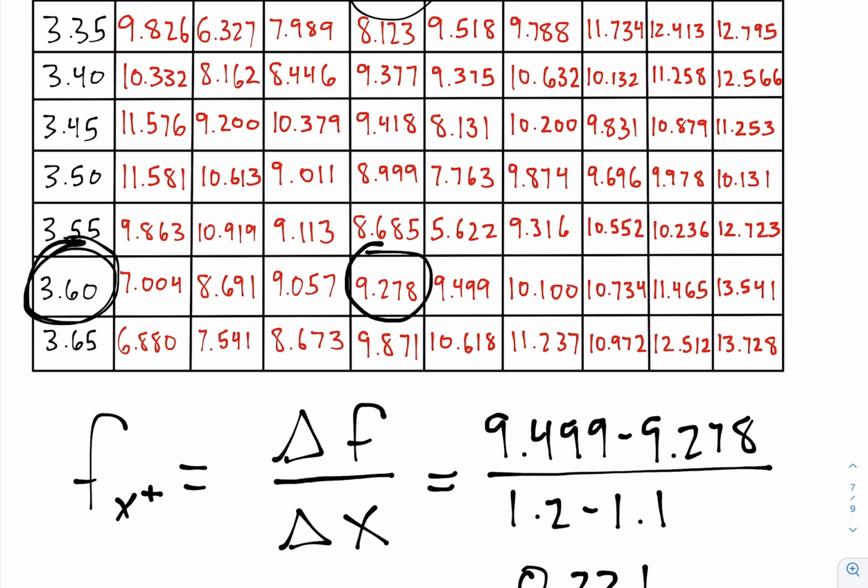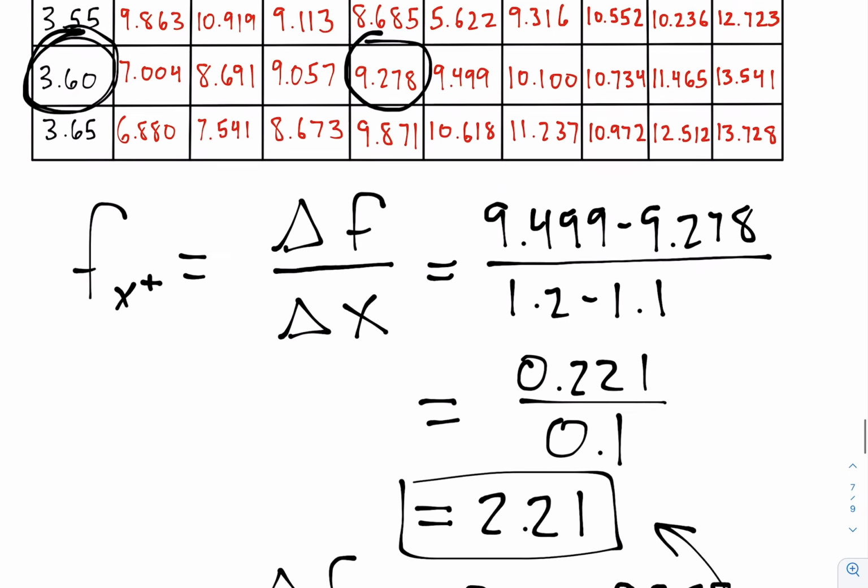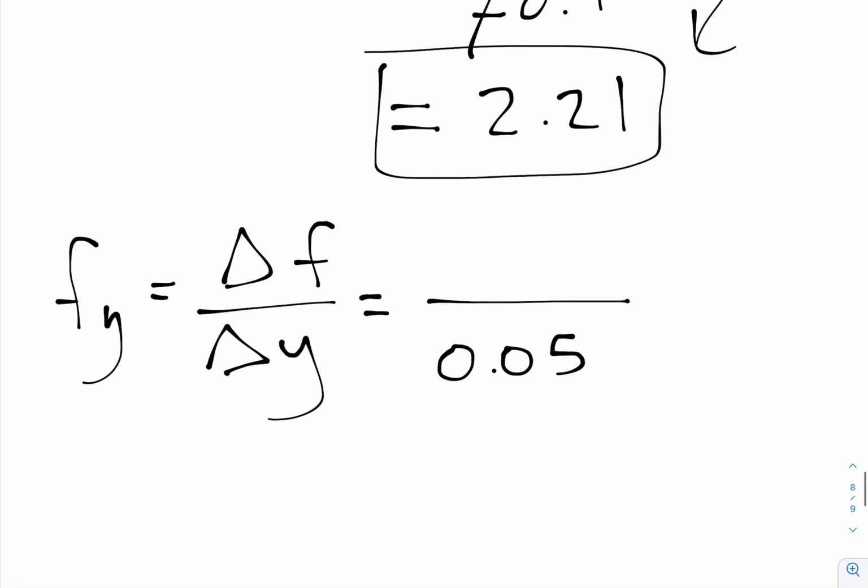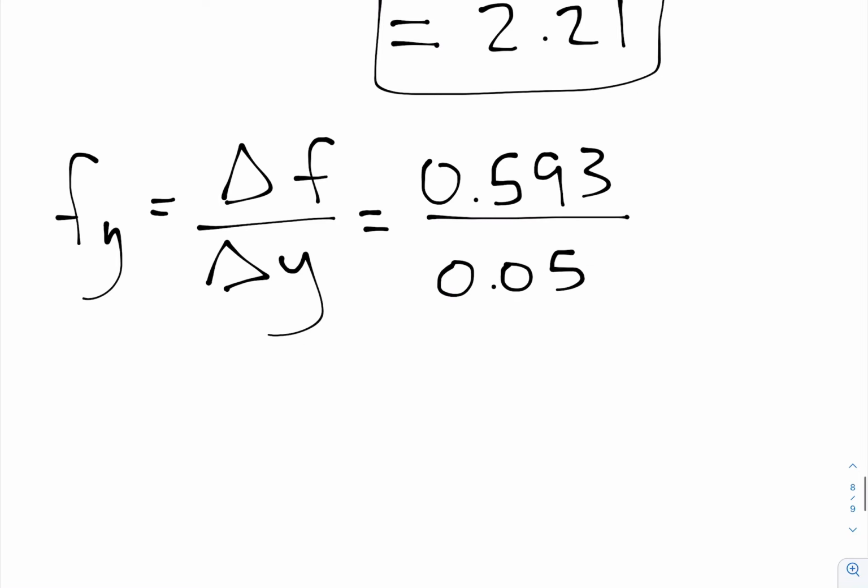How does the value of the function f change? Well, it's going to be 9.871, which is the new f, minus 9.278. So that's 0.593. Okay, so 0.593, the amount that f's changed for every 0.05, is going to be 0.593 divided by 0.05.